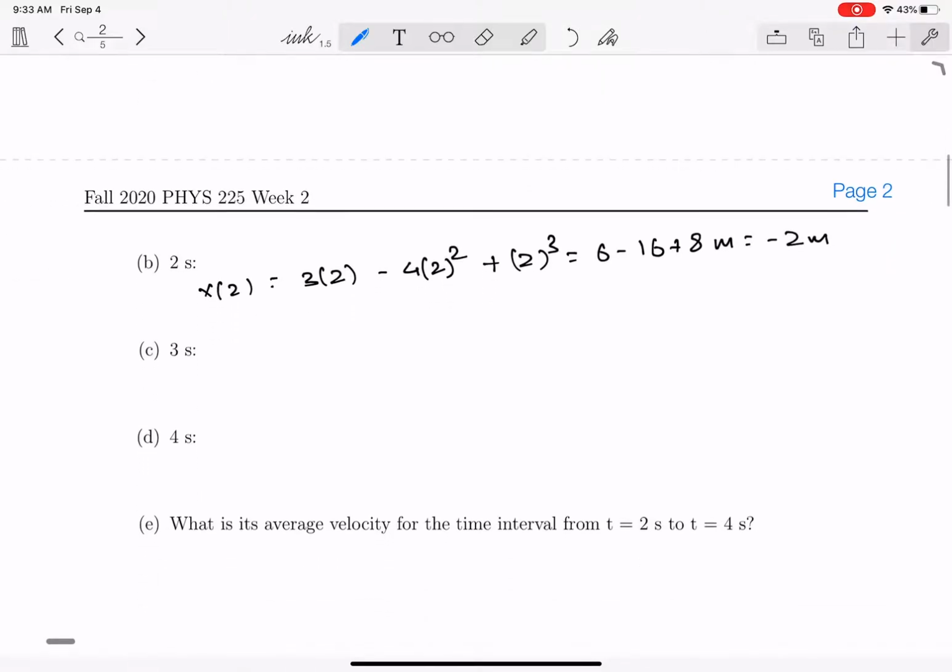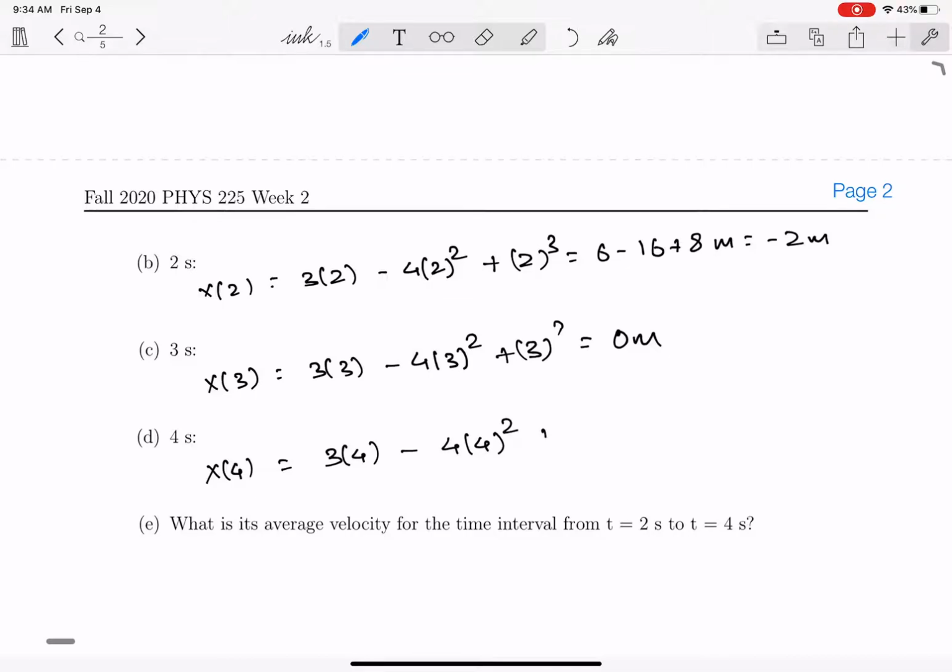Now you can do the same thing for 3: x3 is 3 times 3 minus 4 times 3 squared plus 3 cubed. That should give you 0 meters. Similarly, x at 4 is 3 times 4 minus 4 times 4 squared plus 4 cubed. That should give you 12 meters.